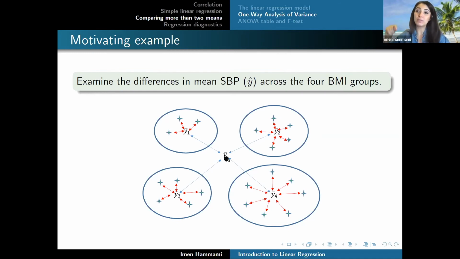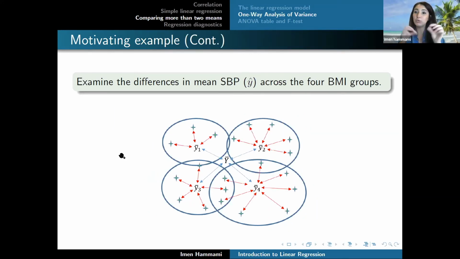I get much more information if I use the group means than the overall mean because it's very obvious that I have distinct groups. However, when my blue bars get very small, just because the residuals are exerting a lot of pressure by their variability, that's something that I don't want to get.